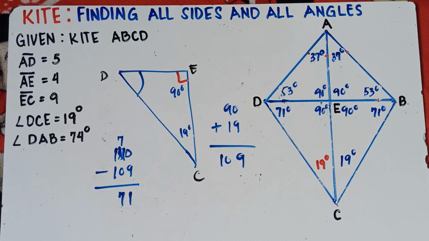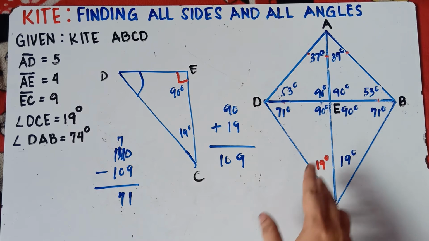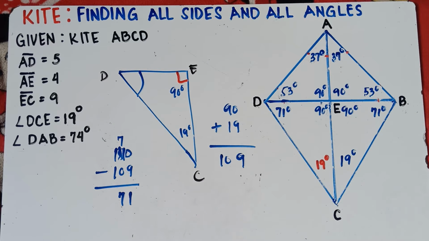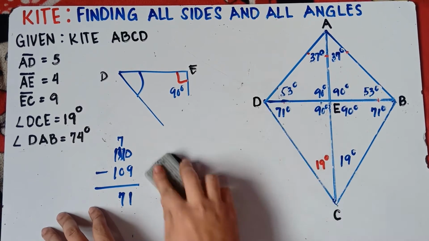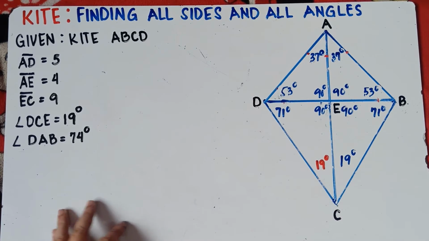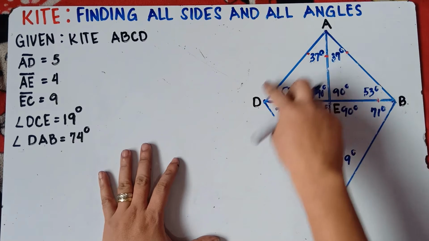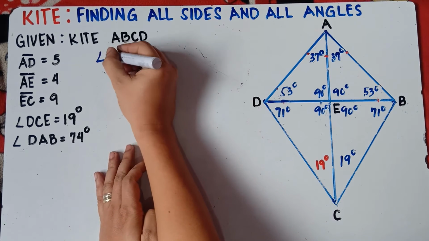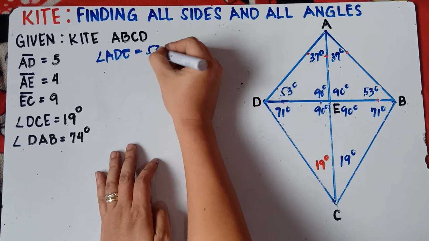So just remember this one, class, that we always have 90 degrees in the middle part of the kite, because the diagonals are perpendicular. When they meet each other, they form a 90 degree right angle. Okay? Alright, so we're done with the angles. Once again, class, naming this one, you can read this as angle ADE, that is 53 degrees.